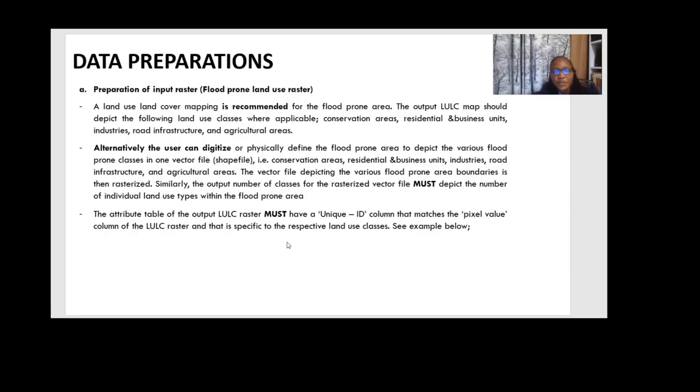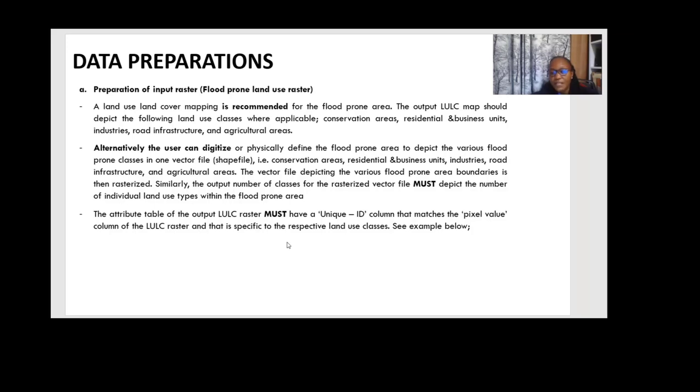So in the preparation of the input, the flood-prone land use raster, there are two ways in which you can do it. But the most recommended way is to have a land use land cover for the flood-prone area, where you undertake a very good classification to be able to depict the particular classes that are in that landscape. It does not mean all the 5 classes must be there.